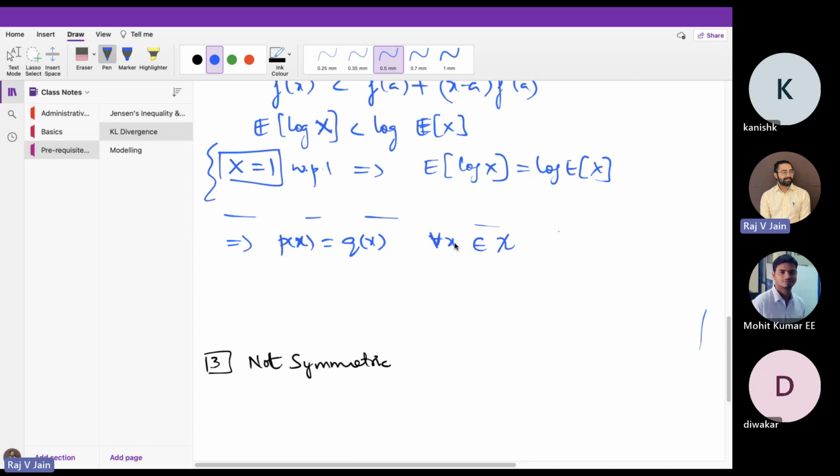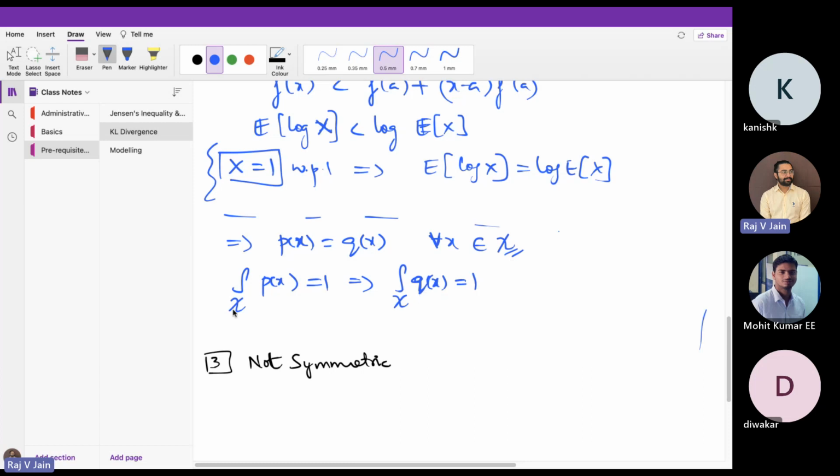So when you do that, there leaves some room for doubt: outside the support, can q of x be something else? But that is not true, because when I take the integral over x of p of x, this is equal to 1. This implies the integral over x of q of x also has to be equal to 1. So q cannot have any point outside this particular script x where it has a non-zero value.